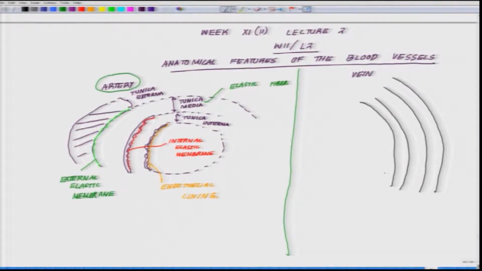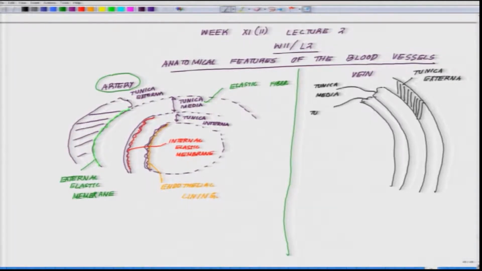Every layer is much thinner. Again the same thing, you have tunica externa, the shaded part. This is tunica externa. Then you have tunica media, which is this layer, and all these are smooth muscle tissue.